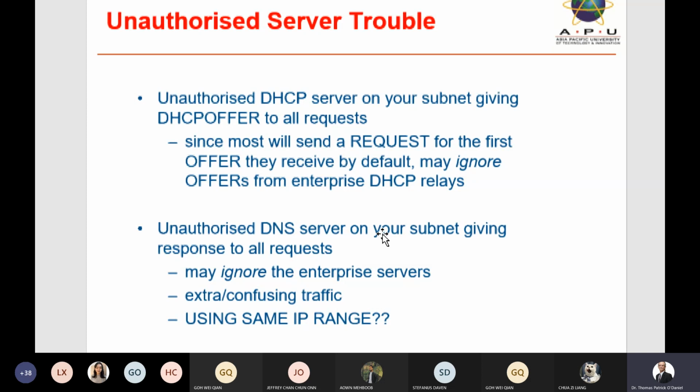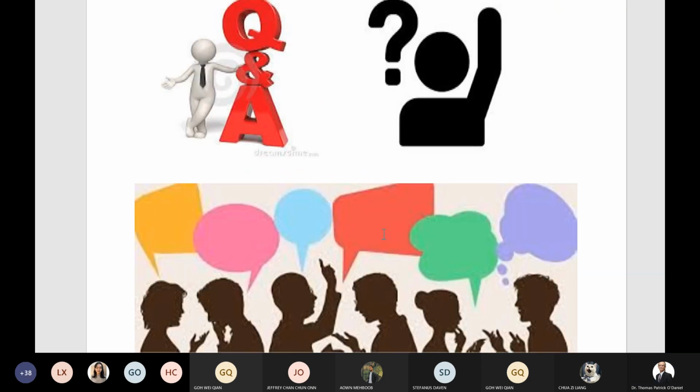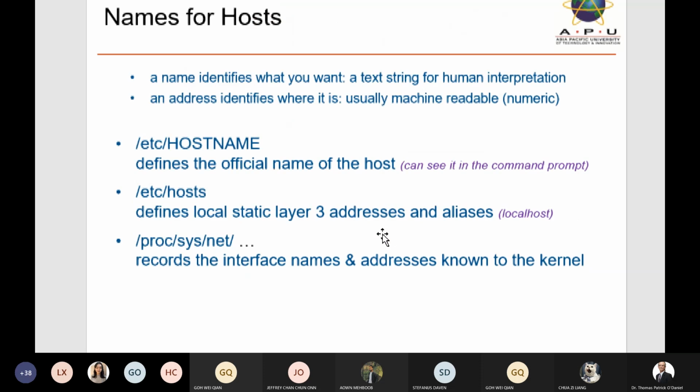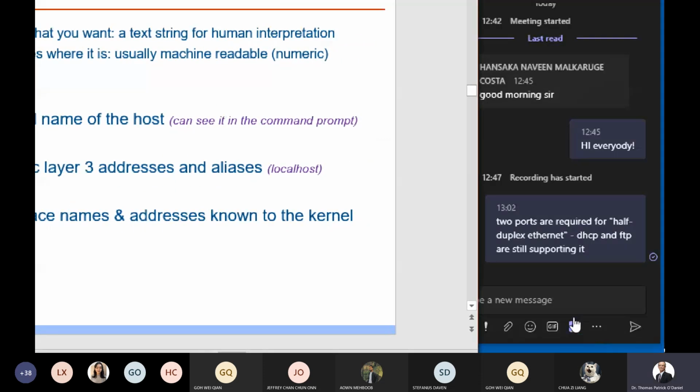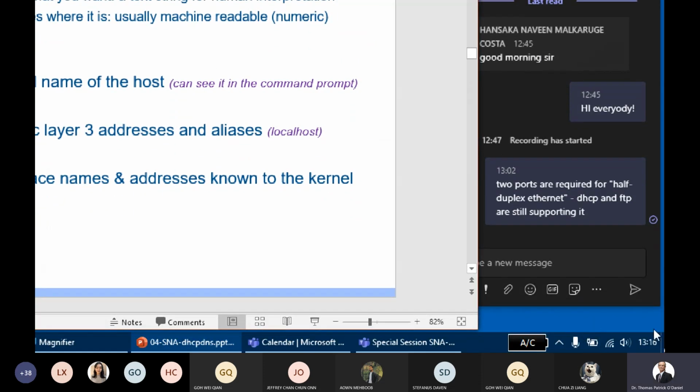Again, that's why we need to take care of it. We'll look at how in practice tomorrow. Okay, so that's the rundown on DHCP.